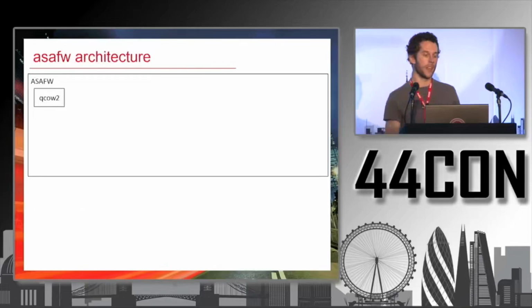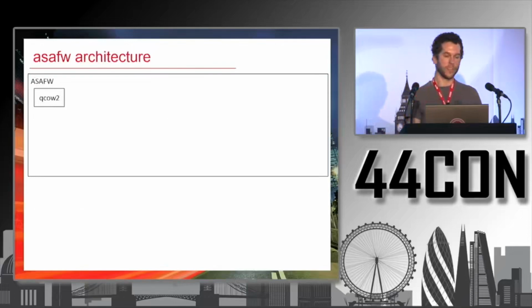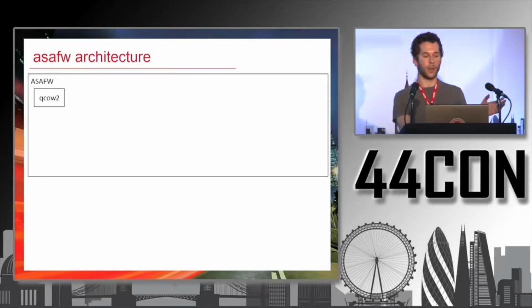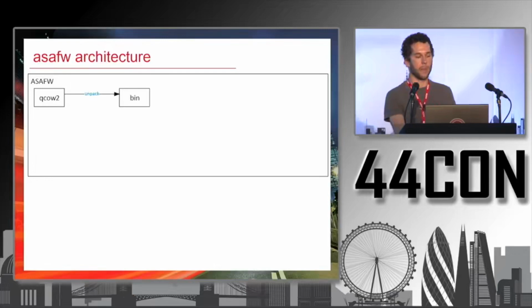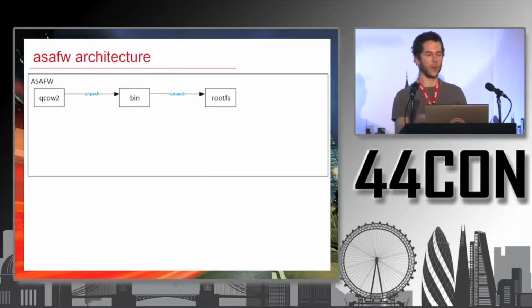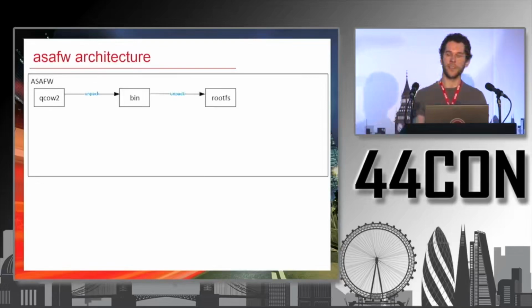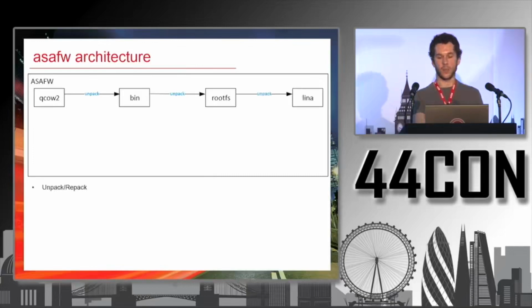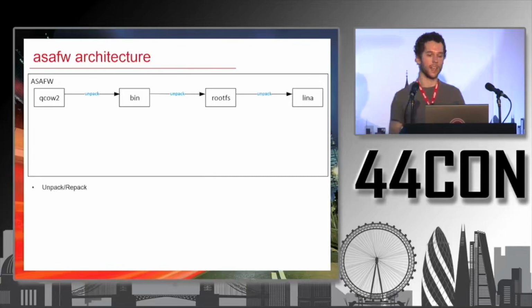So this is how we built our ASA firmware tool. We have different modules. The first one is the QCOW module, which will allow us to mount the partitions to unpack it and access the bin. The bin module will handle the bin format and will allow us to unpack the rootfs. Then from the rootfs, we can use CPIO to access lina.